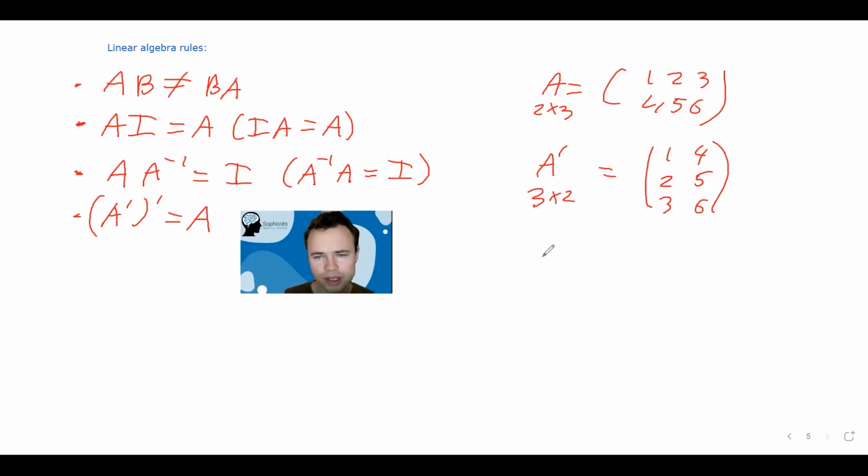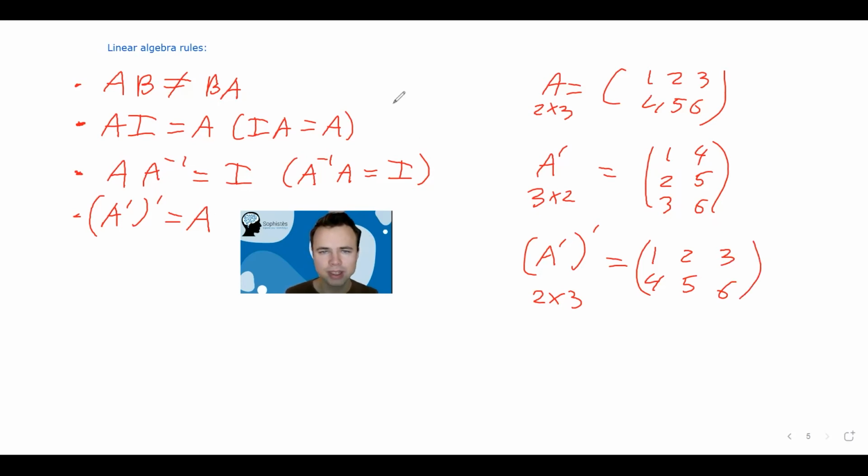And what I'm going to show you is that if I transpose the transposed matrix again, I will end up with the original matrix. You can see, 1, 4 will be my first column, 2, 5 will be my second column, and 3, 6 will be the third column.